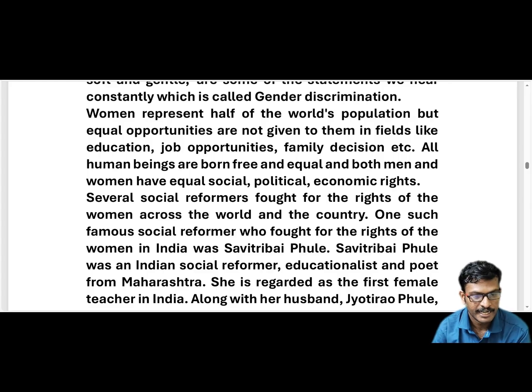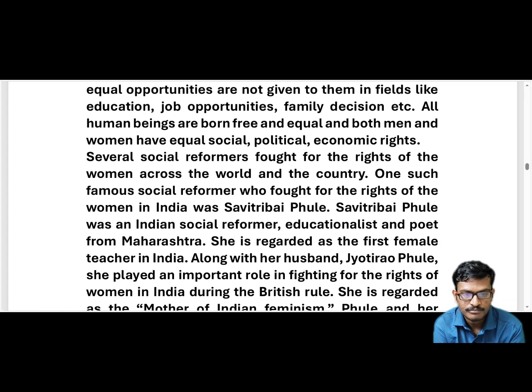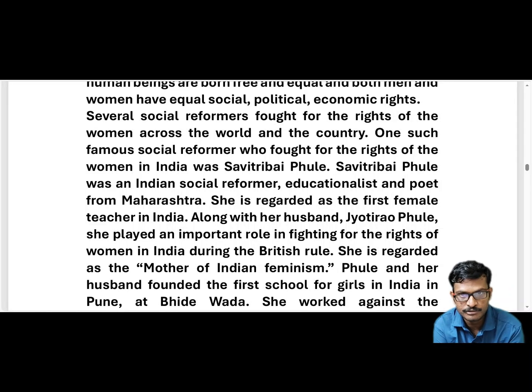Phule and her husband founded the first school for girls in Pune, at Bidawada.